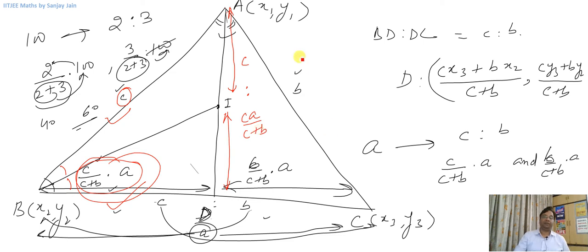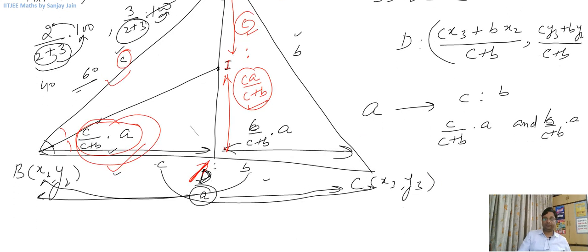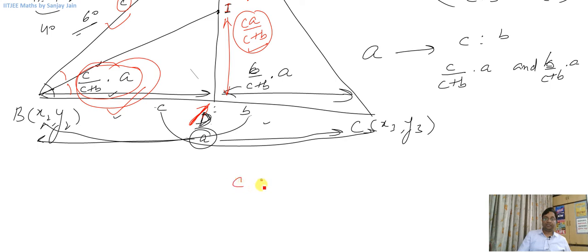Now I have got the coordinates of this point A, the coordinates of this point D, and the ratio in which I divides this line AD: C is to CA by C plus B. Again, you can further simplify it, because C is to CA by C plus B can obviously be written by canceling these C's, because we are talking about ratios.